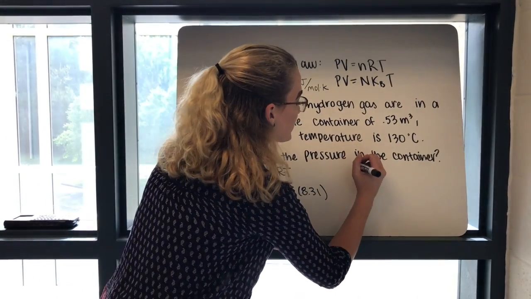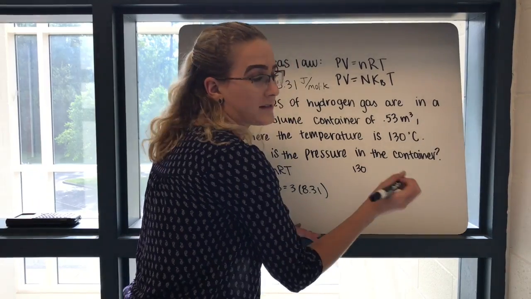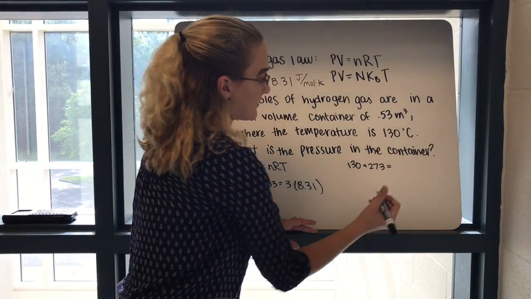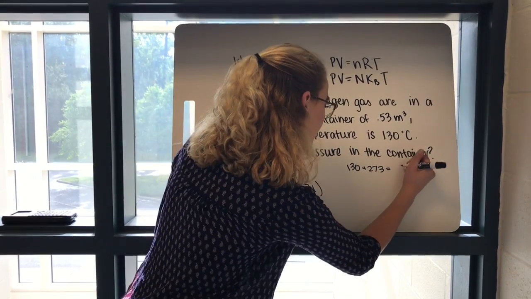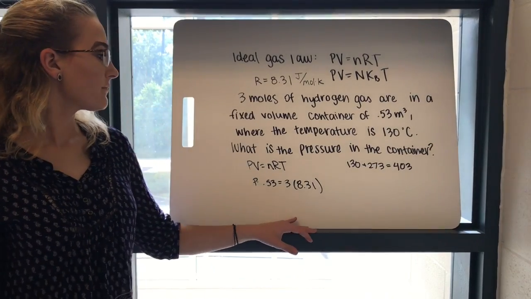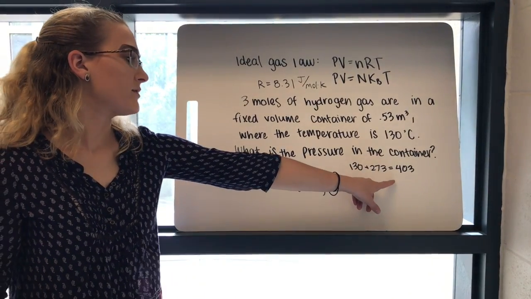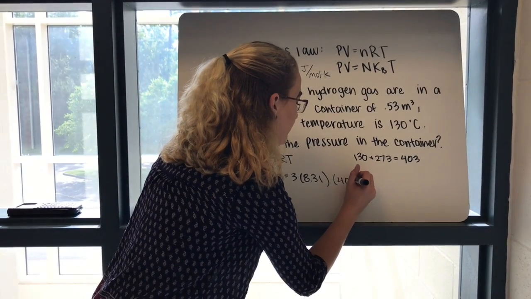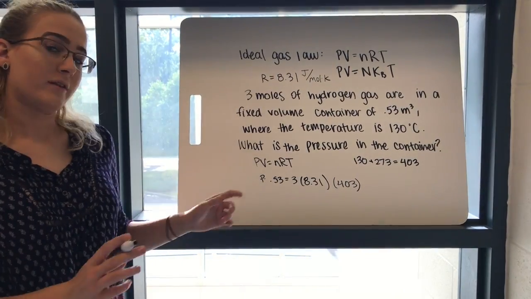So we're going to do 130, that's the Celsius, plus 273, and that's going to equal 403. So our temperature in Kelvin is going to be 403. And now we just solve for the pressure.